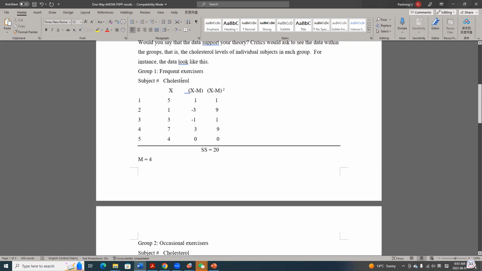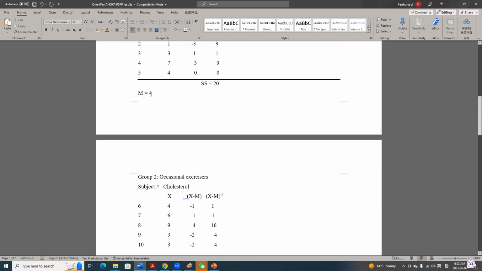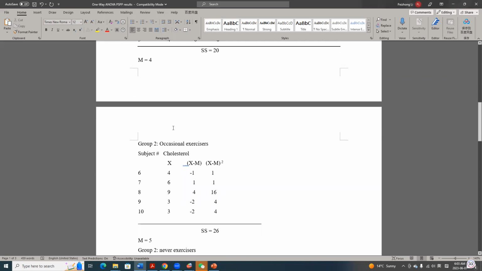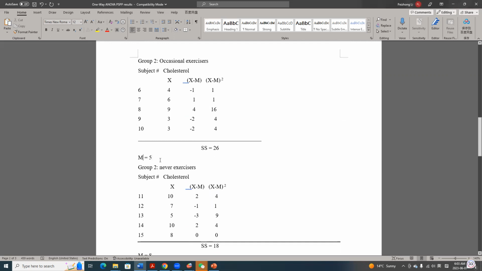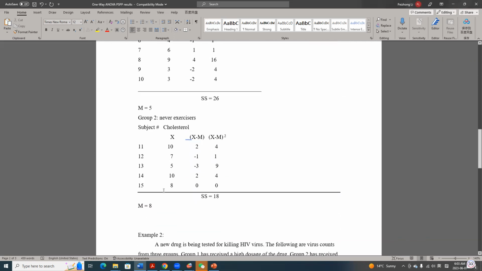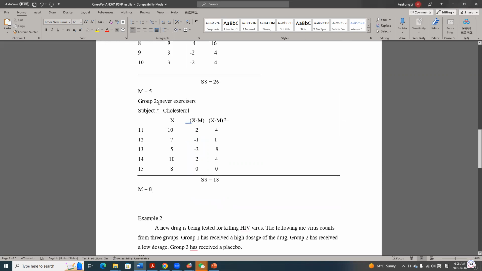So group one, the frequent exercisers, the mean is 4. On average, the cholesterol level is 4. The occasional exercisers, the mean is 5, a little bit higher. Group 3, these people never exercise. Their cholesterol level is 8.